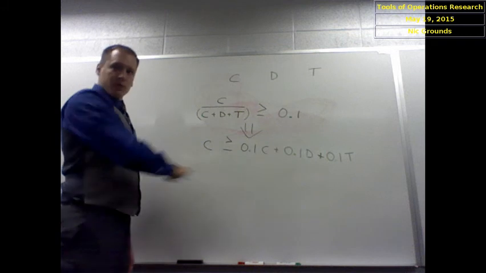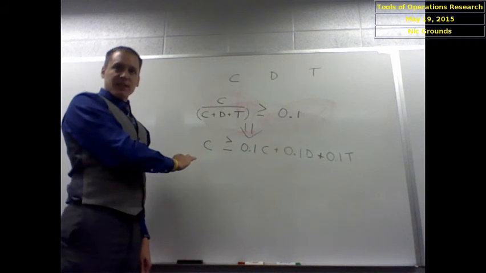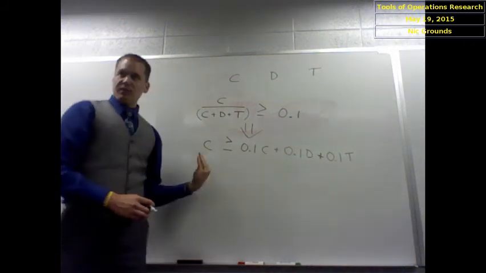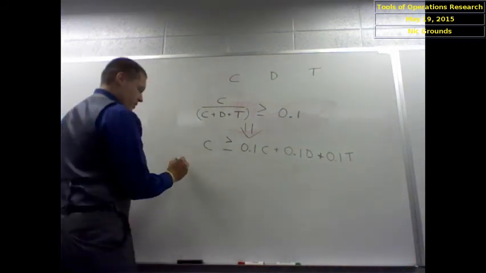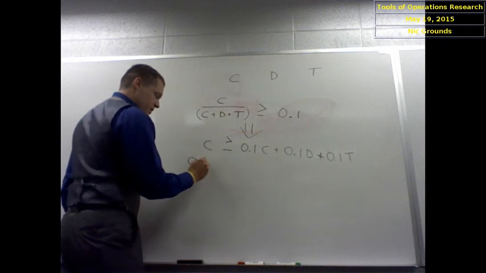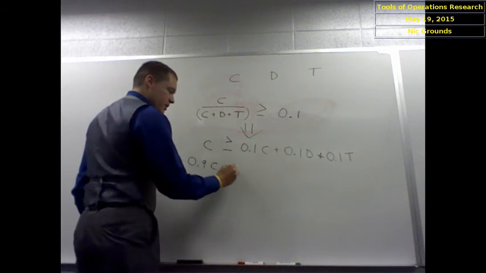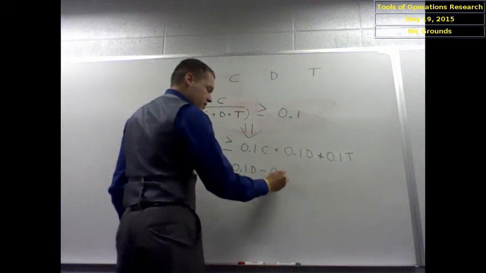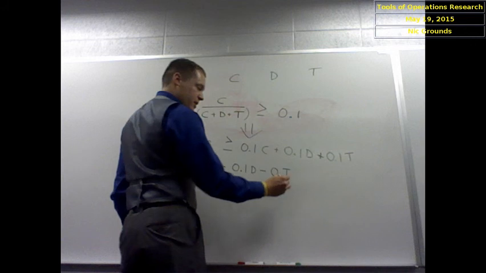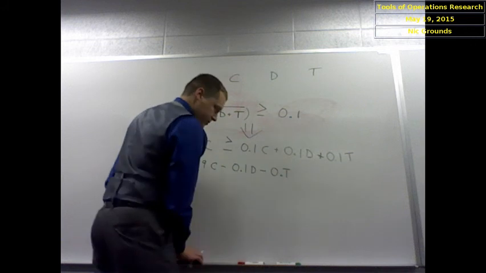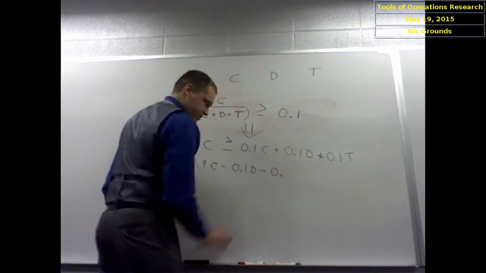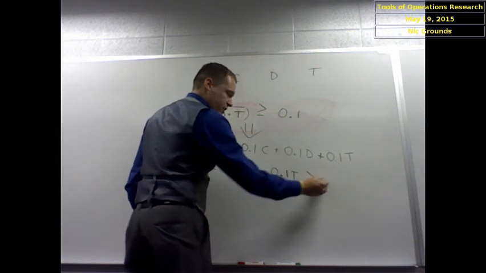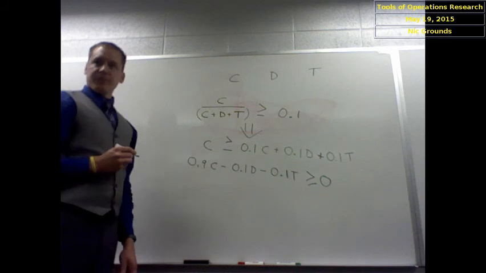We're going to modify this a little more so that we have all our decision variables on one side of the inequality. We could rewrite this as 0.9C minus 0.1D minus 0.1T must be greater than or equal to 0.